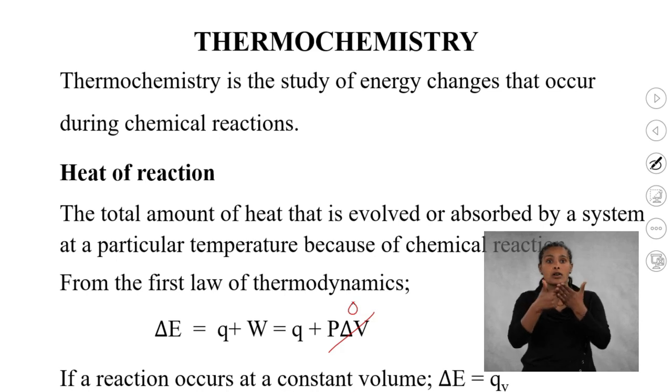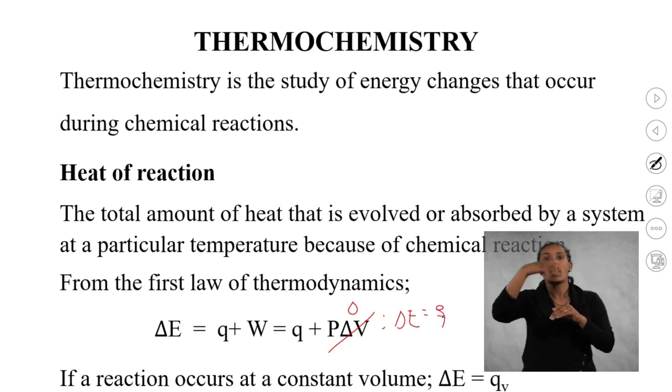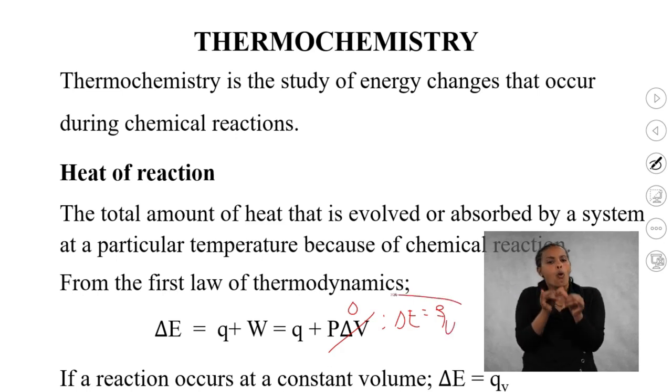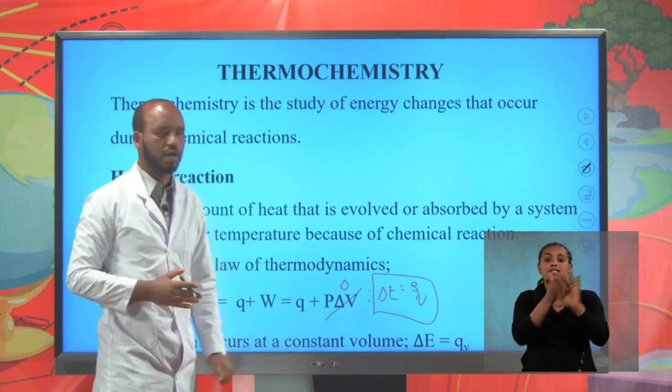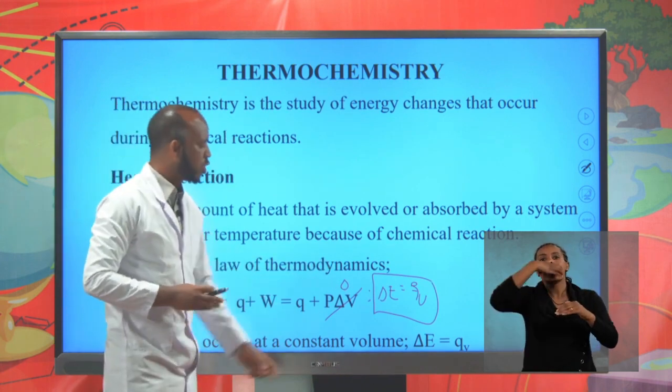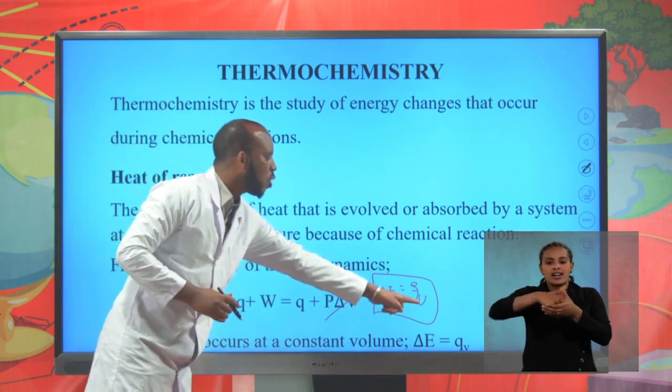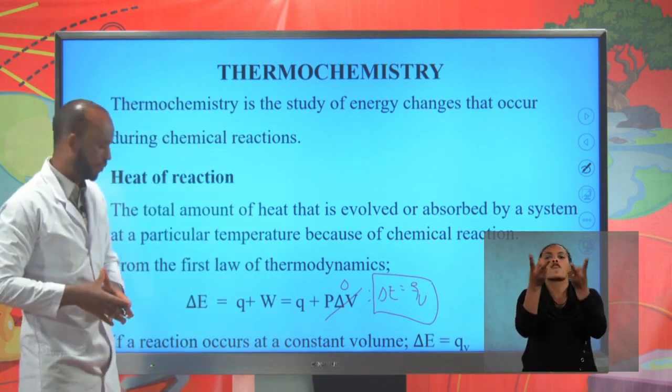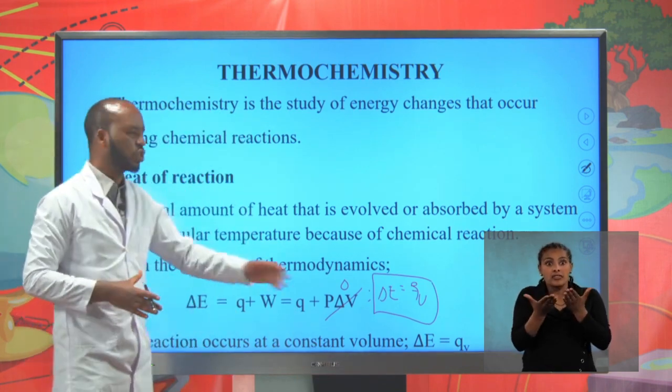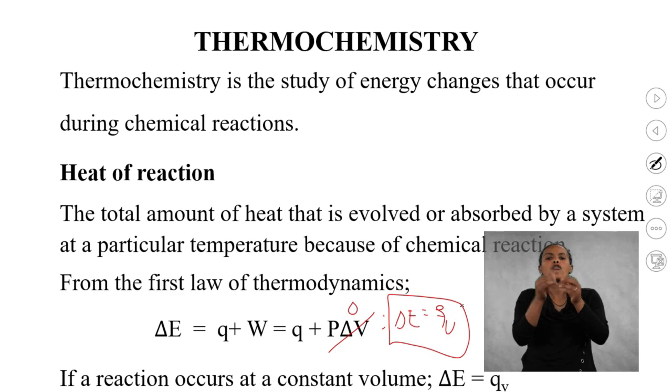Therefore, delta E equals Q, heat absorbed or released by the system at constant volume. Change in internal energy of the system equals heat absorbed or released by the system if a reaction occurs at constant volume.